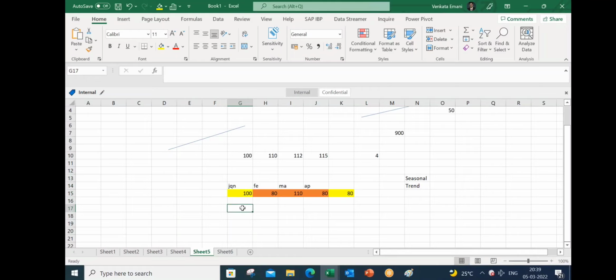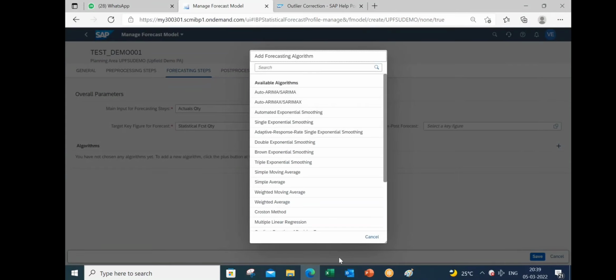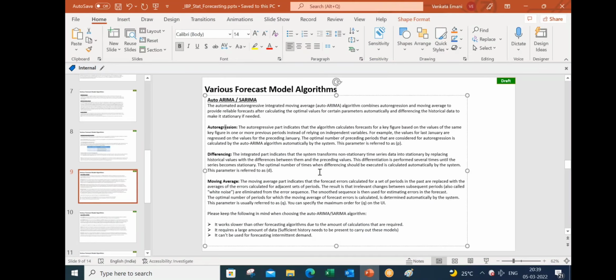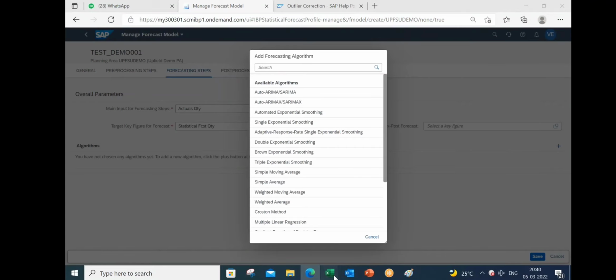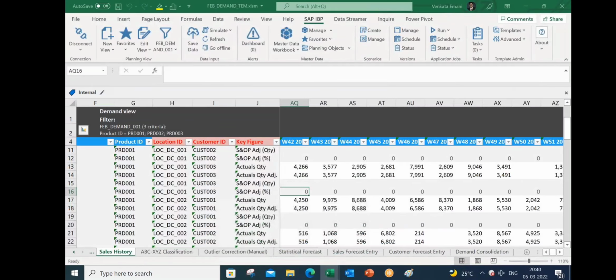The system will check what is in January 2021, what is in January 2020. It will check all these history patterns for each bucket in past years, how it was. It will calculate some values based on those numbers, to see how your forecast is varying in your past buckets. If there is any seasonality or trend, it can also understand from this.